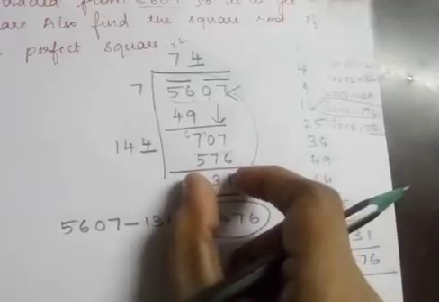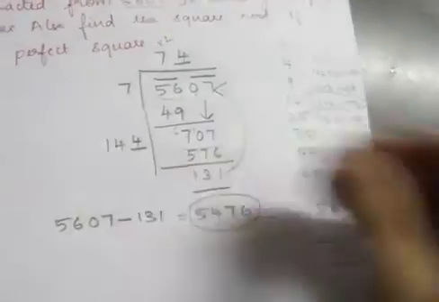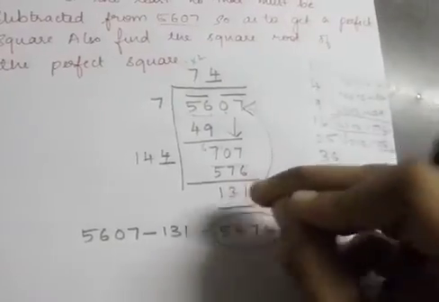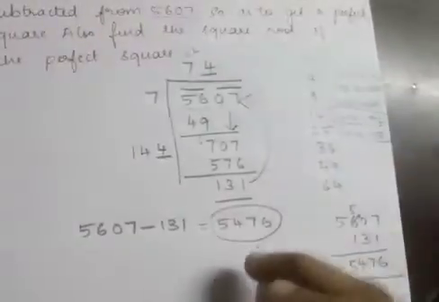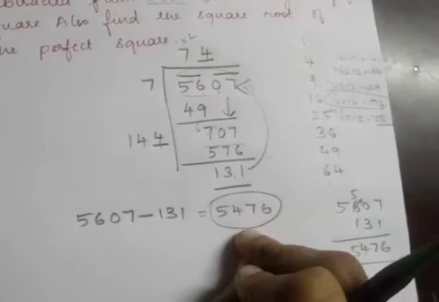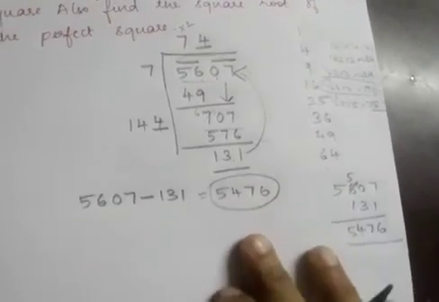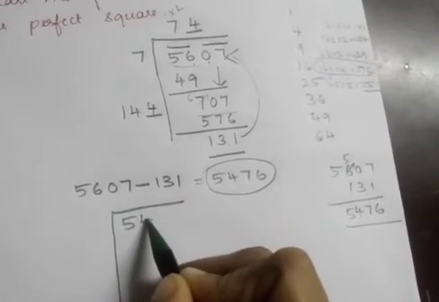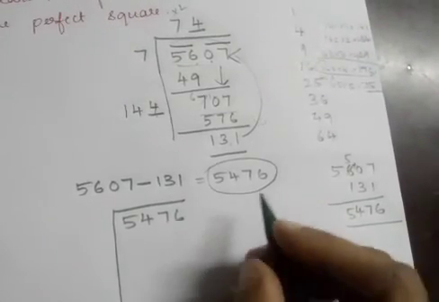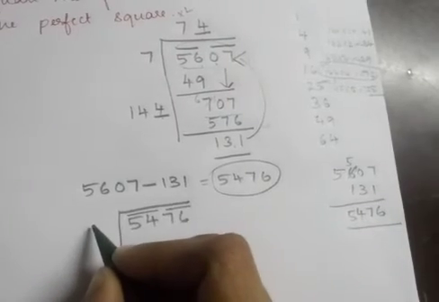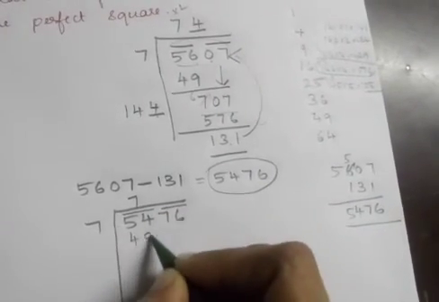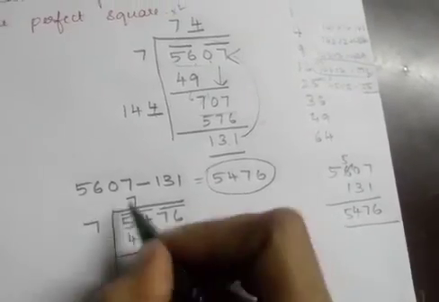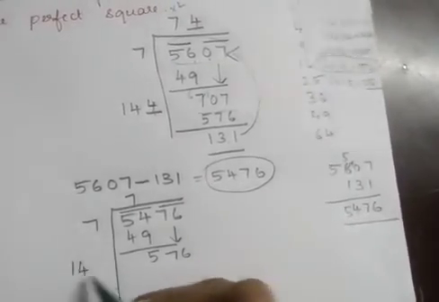So if I subtract this remainder, which is an extra, unwanted thing, from the given number, you will get a perfect square. So if you find the square root of this number, you will get the square root value. We can easily identify that it is a perfect square, right? Pairing: 7 7s are 49, remainder 5, 76 I am bringing down, 7 2s are 14.